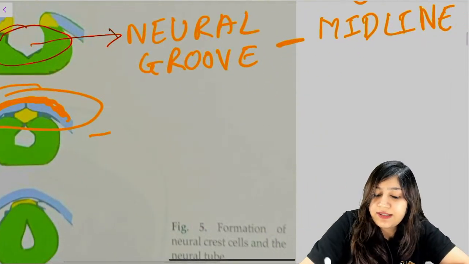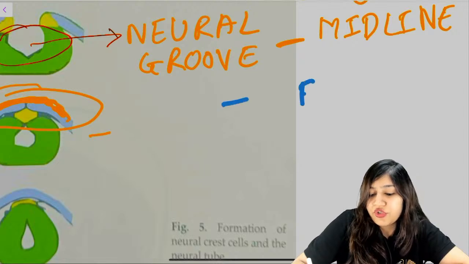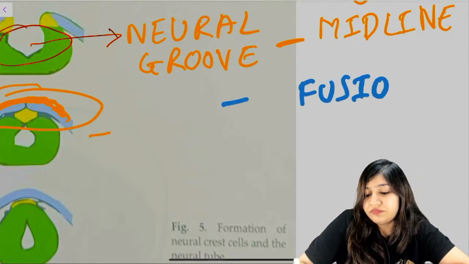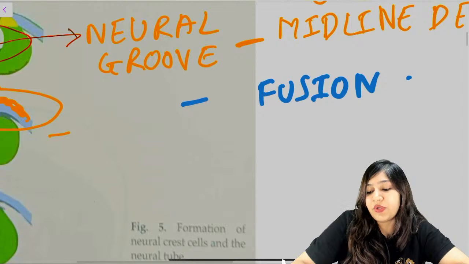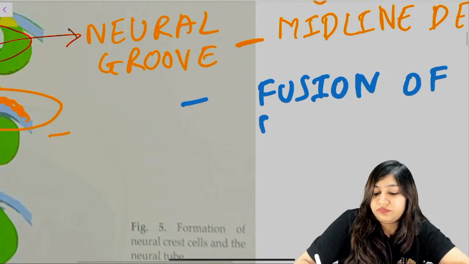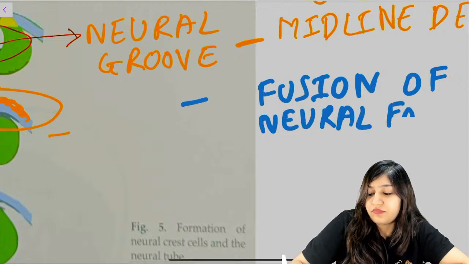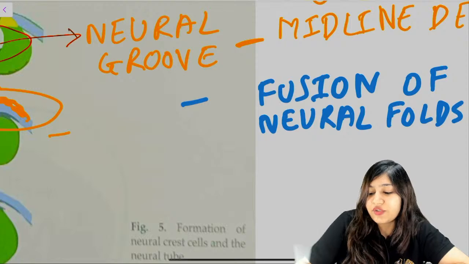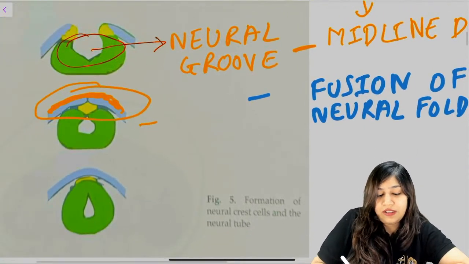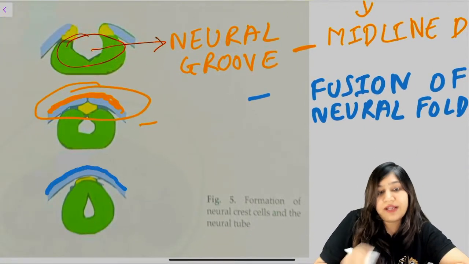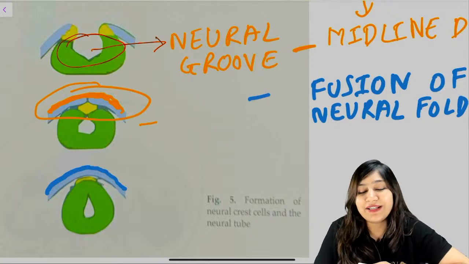Here we can see fusion of which folds? Neural folds. Which leads to the formation of a tube-like structure, which is the neural tube.